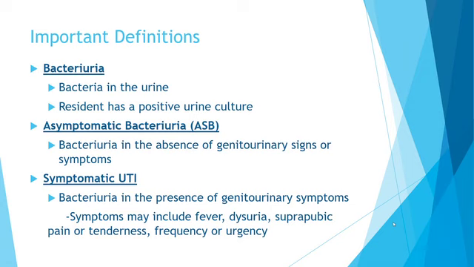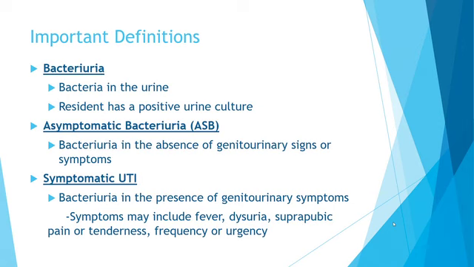Asymptomatic bacteriuria is bacteria in the absence of genitourinary signs or symptoms. And then you have symptomatic UTI, bacteria in the presence of genitourinary symptoms. Those symptoms can include fever, dysuria, suprapubic pain or tenderness, frequency or urgency.